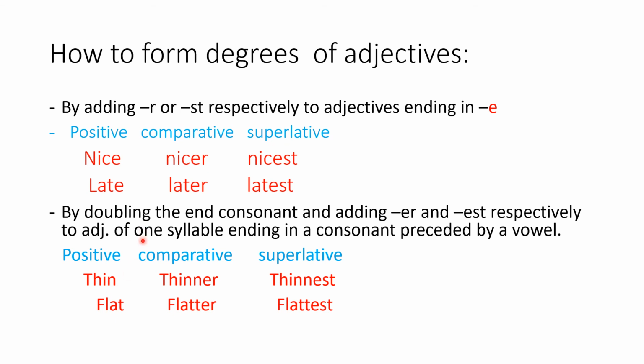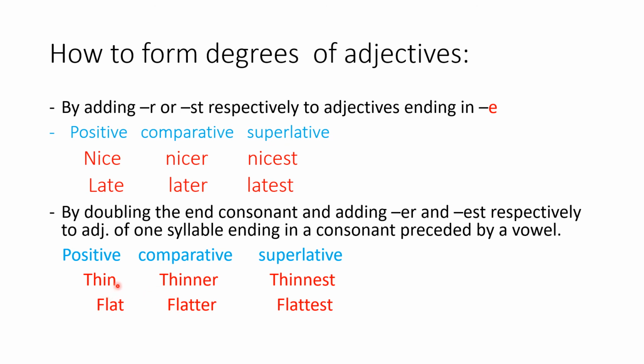So in this sentence I want to say that when a word is having a vowel and after that there is a consonant, we just double the last consonant. हम last वाले consonant को double कर देते हैं when it is preceded by a vowel. जब इससे पहले एक vowel होता है, देखिए जैसे thin.